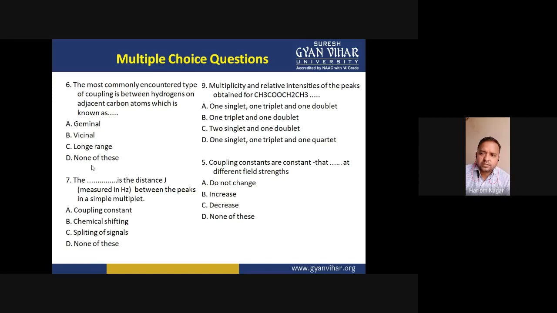For these three types of protons, we obtain one singlet for the left hand side CH3, one triplet for the CH3 protons on the right hand side, and one quartet for the CH2 protons. So the correct option will be option D.